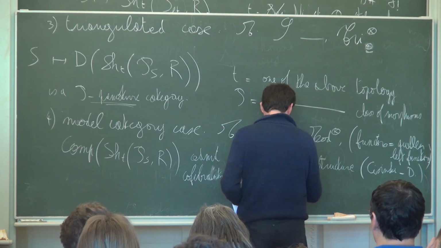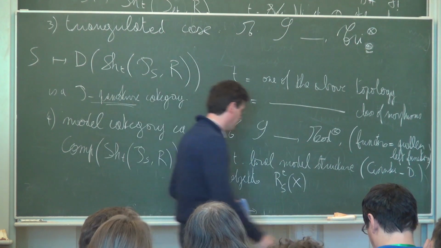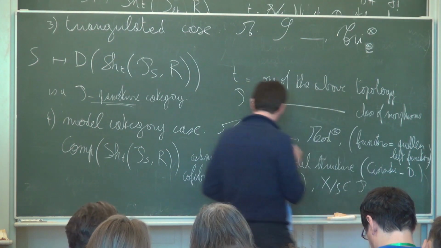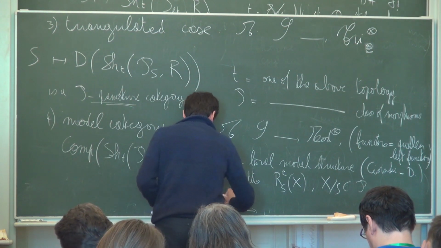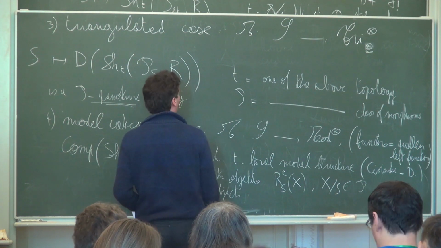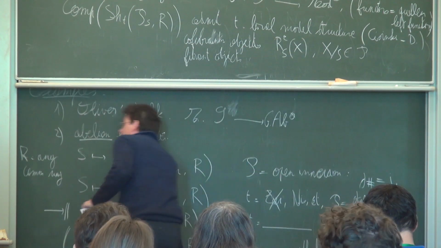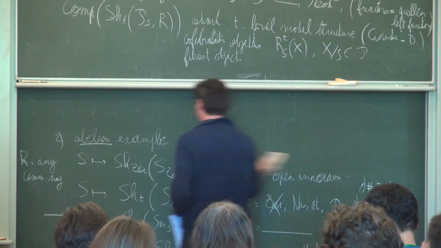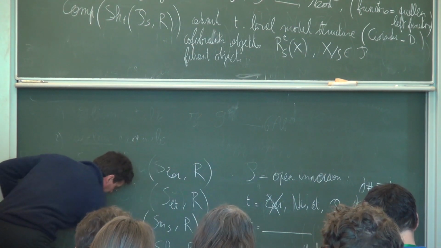You take the presheaf of R-modules represented by X, and you take the associated T-sheaf, where X over S belongs to P. The fibrant objects, which is maybe more serious, are given by complexes which satisfy T-descent. So what does it mean?